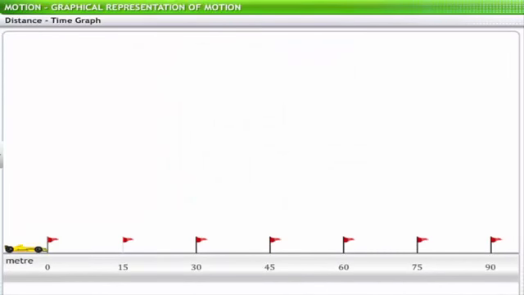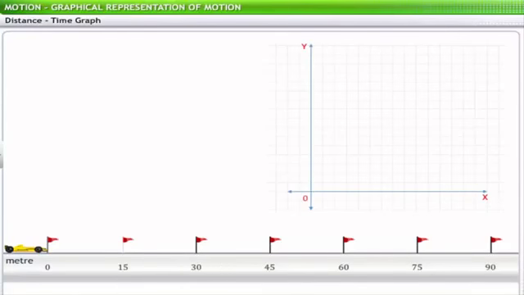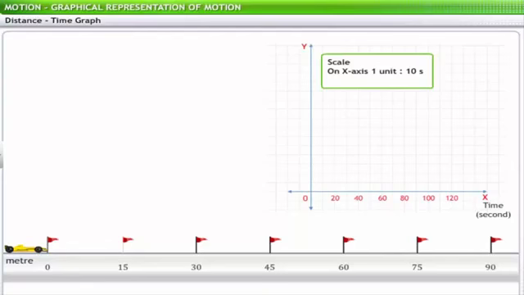Let's see how a distance-time graph is plotted using some sample data. To plot the distance-time graph, we begin with fixing two axes, x and y, on a sheet of graph paper. On the x-axis, we mark the equal time intervals according to a convenient scale. Say 1 unit equals 10 seconds. Again, using a convenient scale on the y-axis, we mark the y-axis at equal intervals.